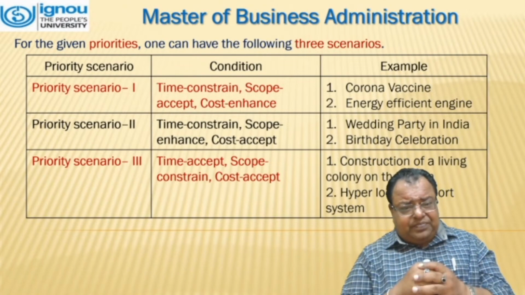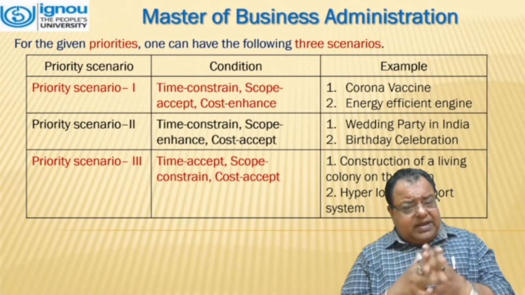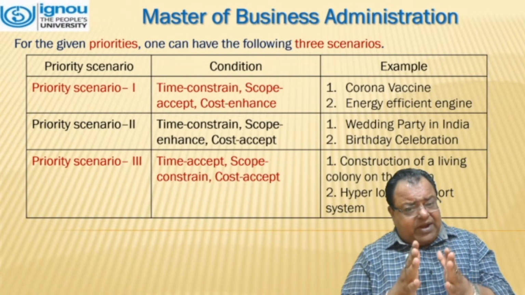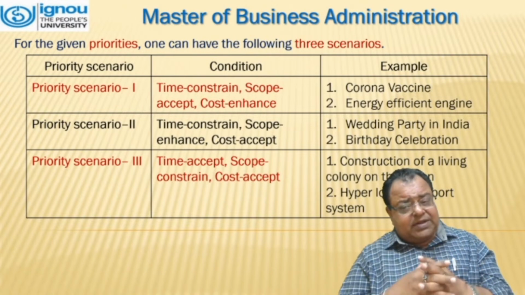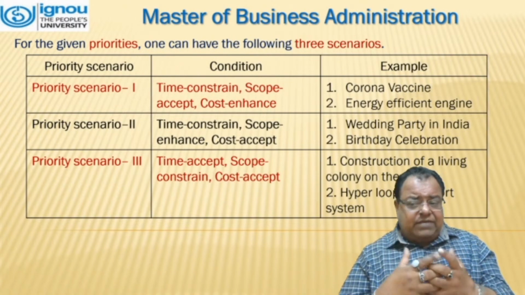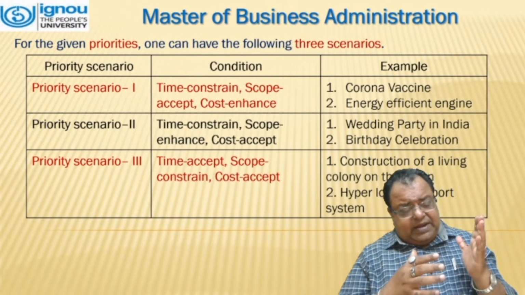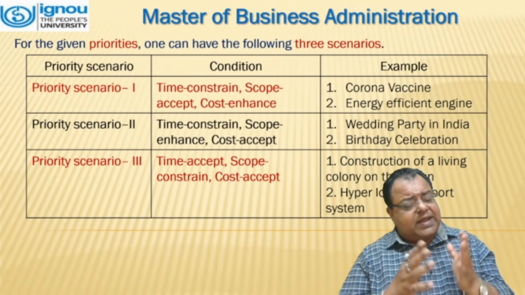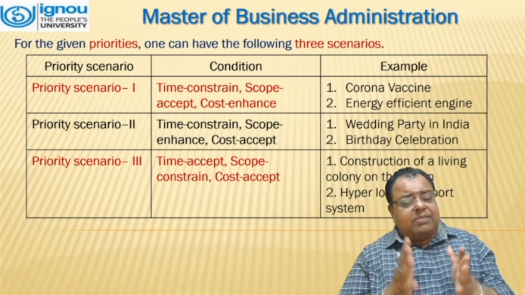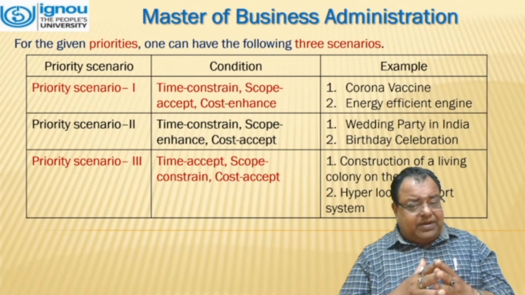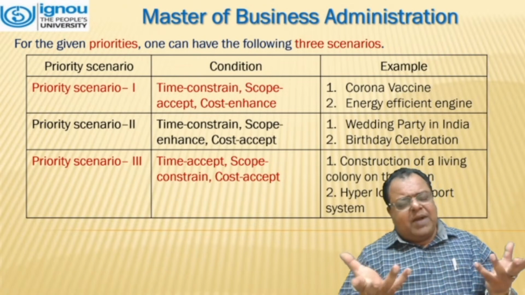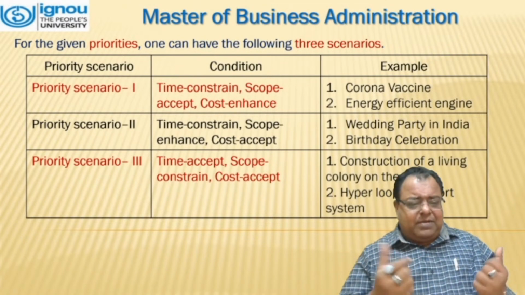Priority one. The condition here is time constraint, scope accept, cost enhance. We can take up an example of a corona vaccine or an energy efficient engine. In the second case, priority scenario two, the time is constraint, scope enhance, and cost accept, which is a wedding party in India or a birthday celebration.